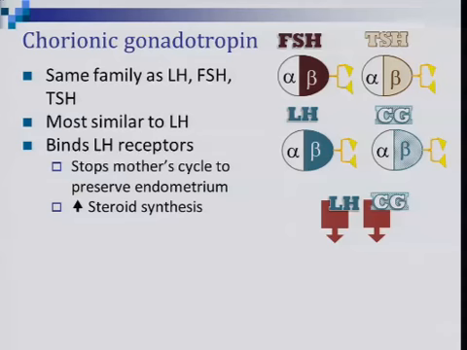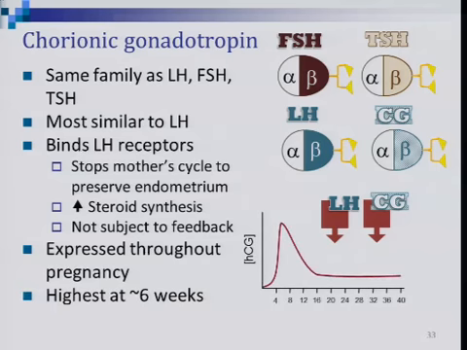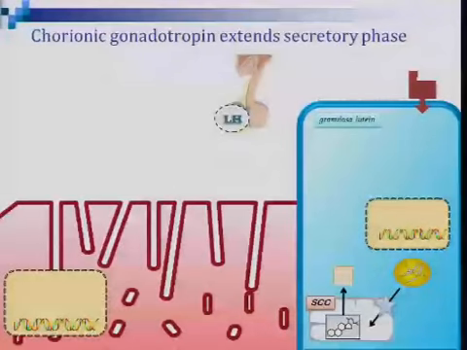It does this by keeping steroid synthesis high, and is not subject to feedback inhibition. It's expressed throughout pregnancy, but is really at its highest in the first 6 weeks. So chorionic gonadotropin extends the secretory phase of the menstrual cycle.